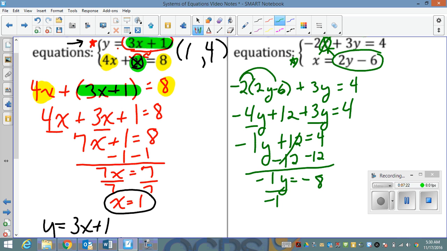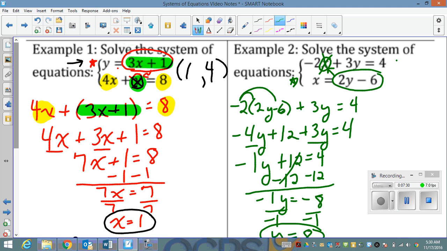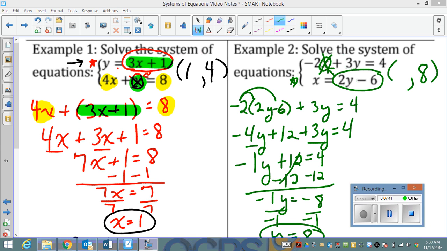And then dividing by negative 1, I get y equals 8. So again, when I'm looking to solve this system of equations, I'm looking for the point that makes both equations true. I've just found that the y-coordinate of that is 8.